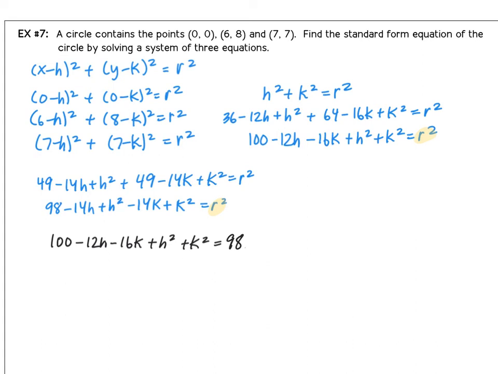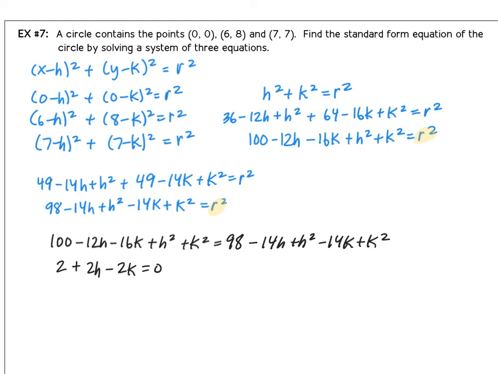Okay, so this would be 98 minus 14h plus h squared minus 14k plus k squared. All right, so if I combine these like terms, I'm subtracting k squared on both sides, subtracting h squared on both sides, subtracting 98 on both sides. So actually, it cleans it up quite a bit. If I put the h's together, the k's together, I get 2 plus 2h minus 2k equals 0.